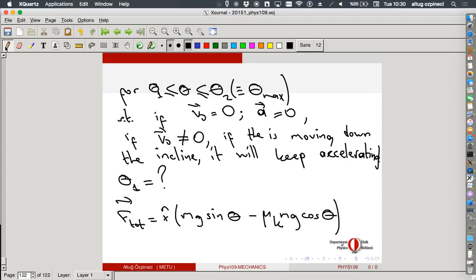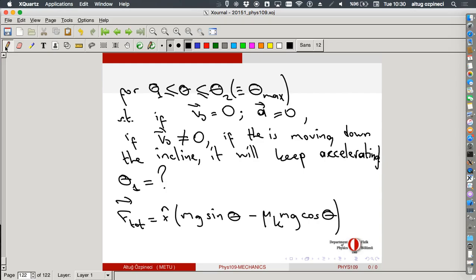But if I give it a small push, the friction will now be the kinetic friction, which we have discussed is smaller than the maximum value of static friction. So the friction will be reduced. Right at theta equal to theta max, the static friction is at its maximum value. But if we give it a small initial speed, the friction will now be kinetic friction, so its magnitude will get less. So it will not be able to balance the component of the weight along the incline. So it will keep accelerating downhill.